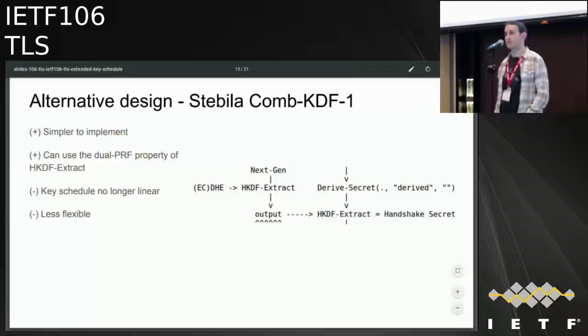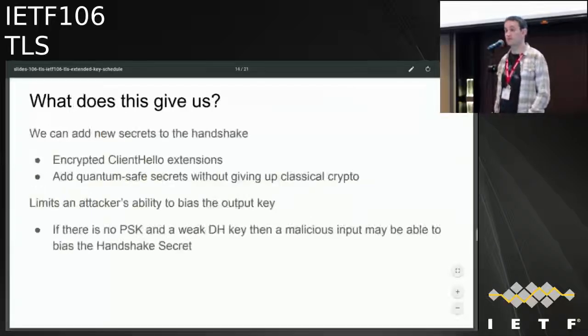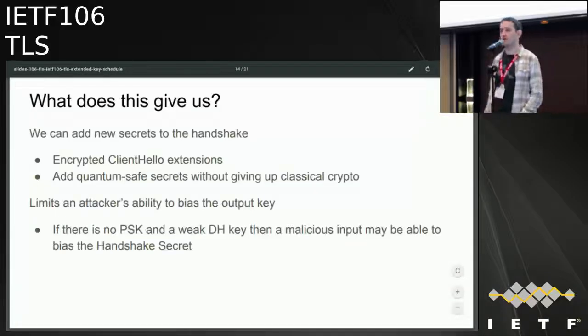And I do think that Hugo's concern is valid, because there are cases where the construction of HKDF extract as a dual PRF is not as strong in the direction coming down the chain as coming in from the side. Then, well, maybe we have problems with PSKs on their own, but I would rather have it come in the side.